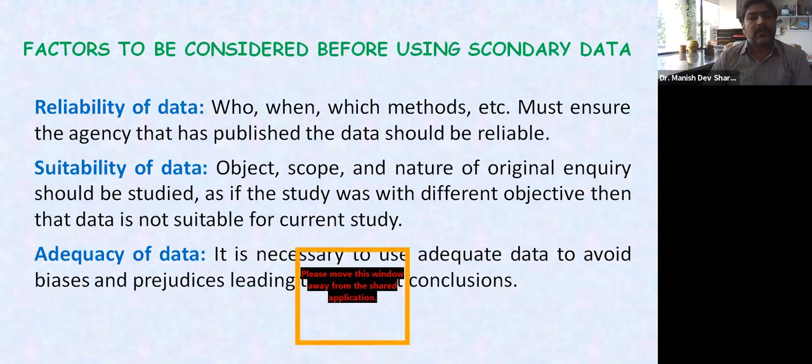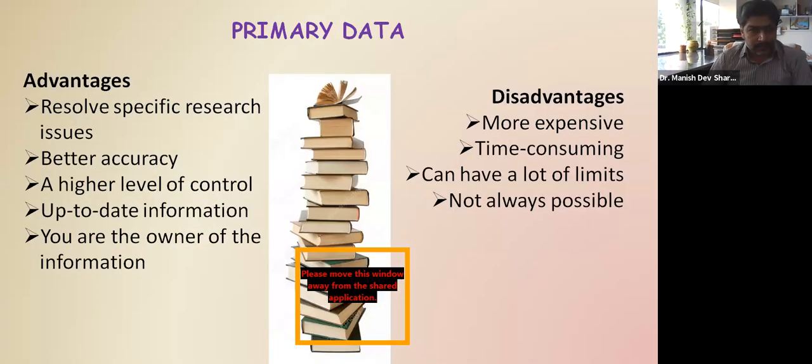So that data is not suitable for it. Suitability of data is important when you have the basic preamble of the data. The next thing is adequacy of data. It is necessary to use adequate data to avoid biases and prejudices leading to incorrect conclusions. All the factors must be considered specifically in case of usage for the problem.